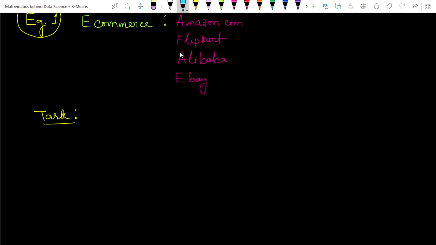Because when we go to an e-commerce website, they want some information from us. Also, from time to time they track our behavior: what kind of products we have bought from their website, in which area we are staying, what our credit card number is, how much we spent on the website in a month. This kind of information they already have.